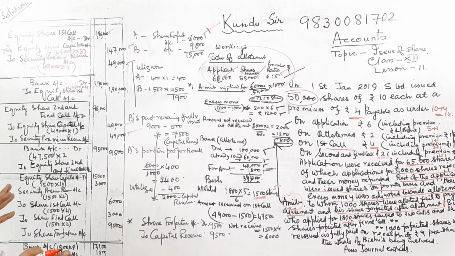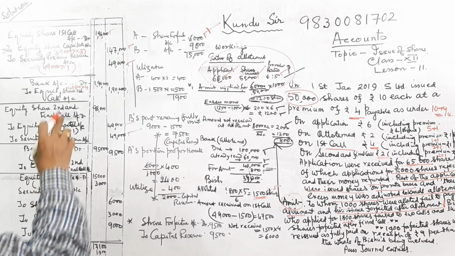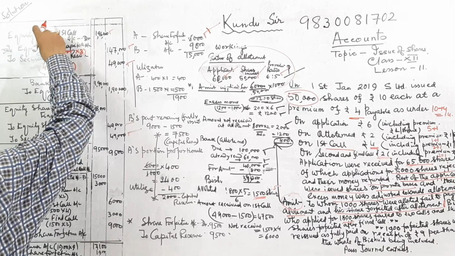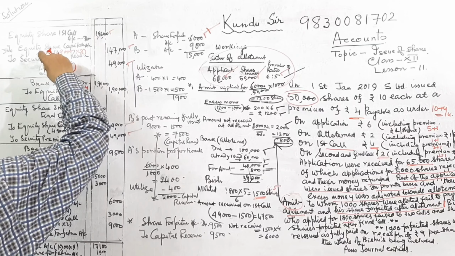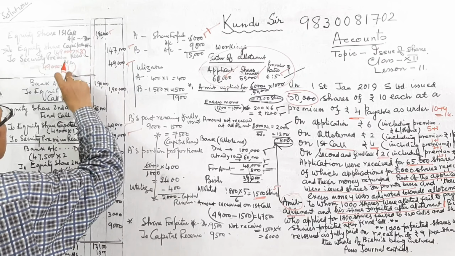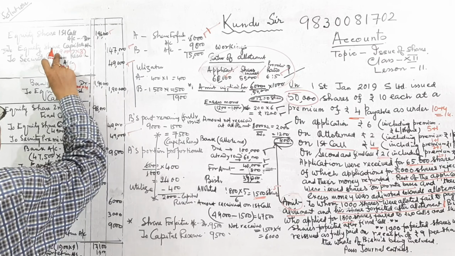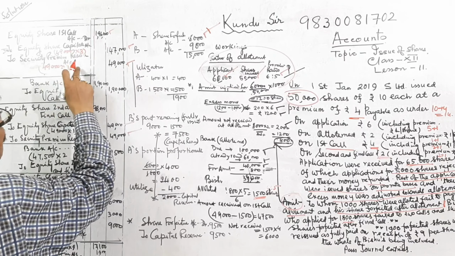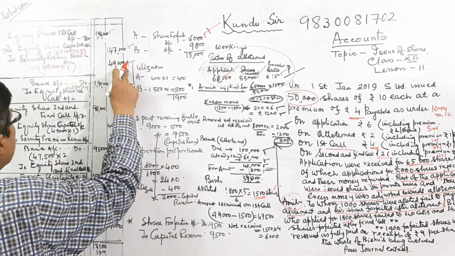Because Amit's shares are excluded, we are making the first call due on 49,000 shares, 3 rupees for equity share first call and security premium 1 rupee per share, that is 4 rupees per share. Then 49,000 into 3 is 1,47,000, and 49,000 into 1 equals 49,000.